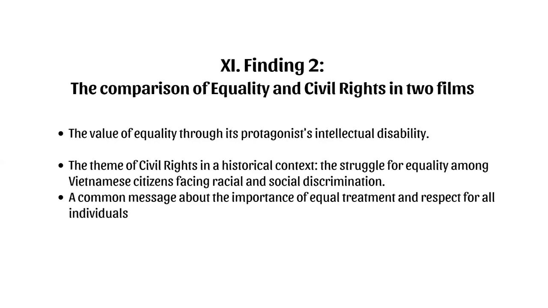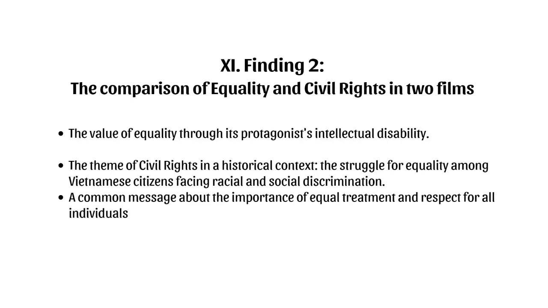Forrest Gump takes a more personal approach to equality, using the protagonist's intellectual disability to challenge conventional notions of society's treatment towards individuals with disabilities. The Rebel, on the other hand, presents civil rights as a struggle against a more overt form of oppression.